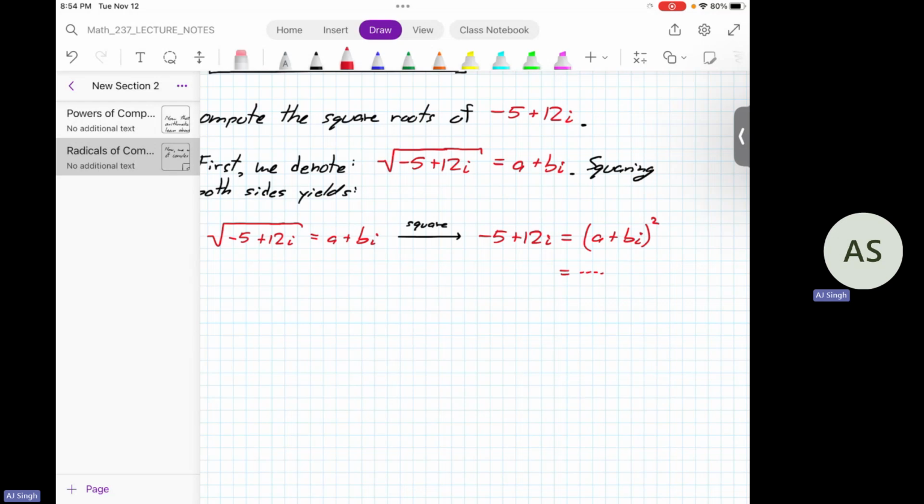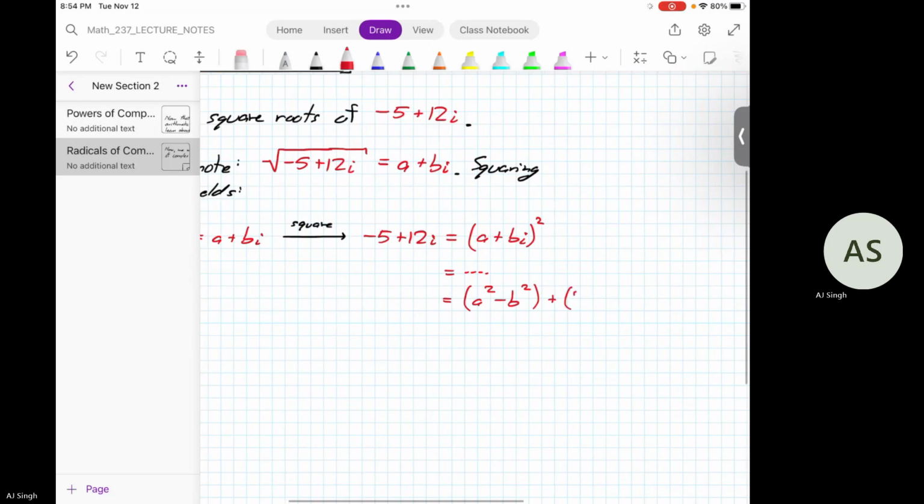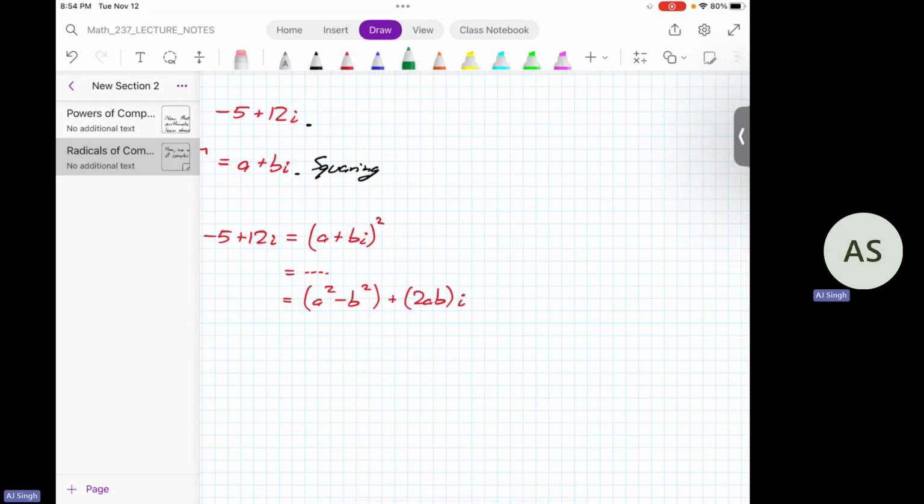And if you do the work and you FOIL it all out, you will get a squared. I can show my work once, just to show you how it would be. This is just scrap paper. If you had to do it, you would FOIL a squared plus abi plus abi again plus b squared i squared. i squared is negative 1, right?